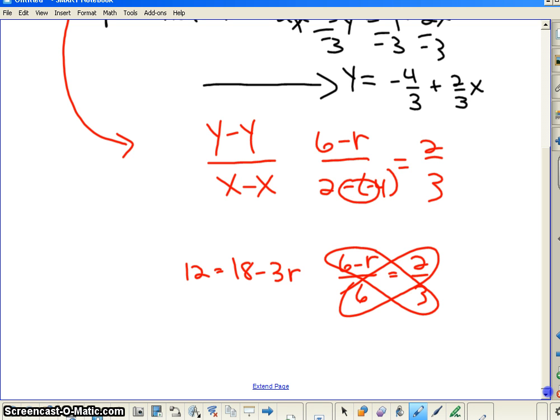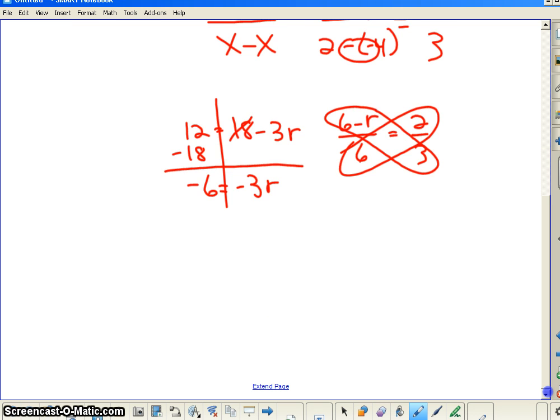Okay, now so 12 minus 18. And then do what? Positive 2 equals r. Okay? All right, any questions on that?